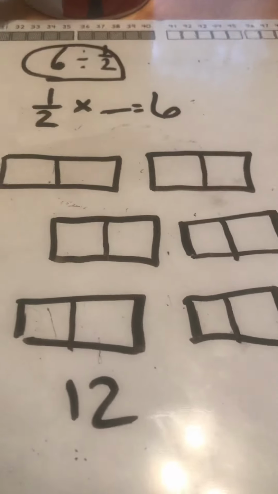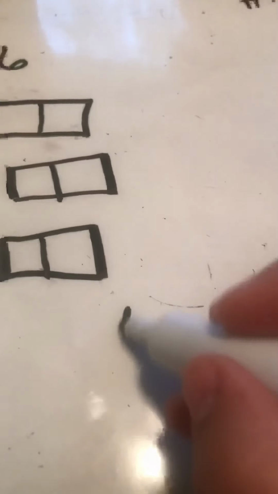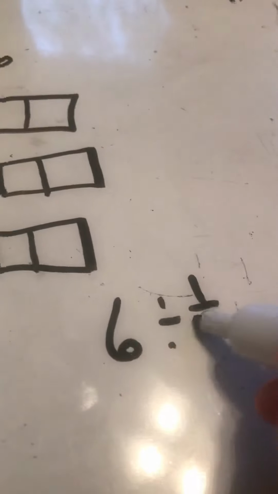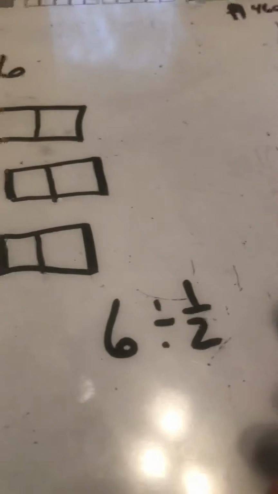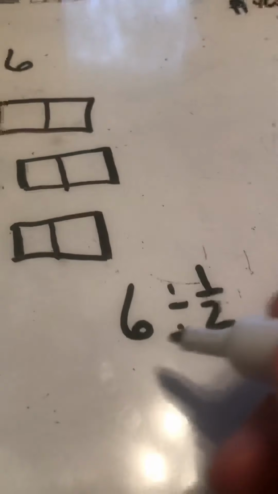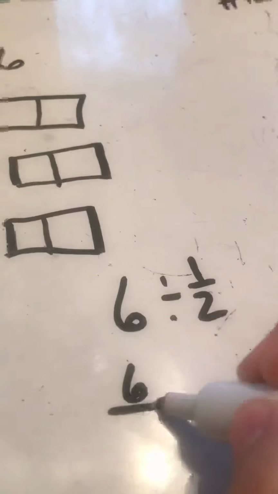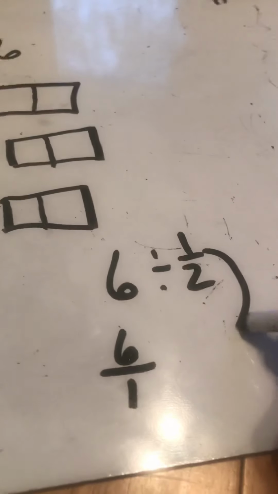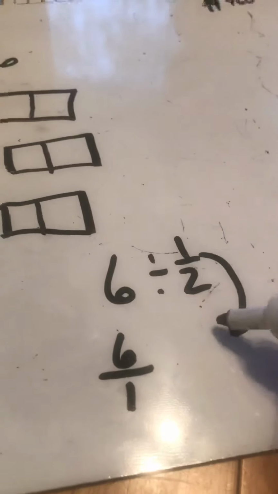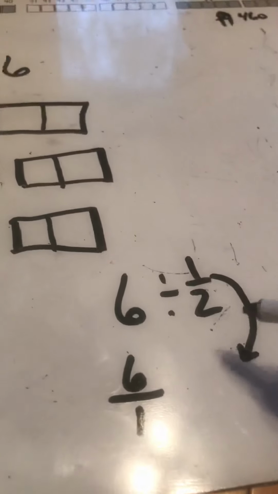And it is. Now, if we were to work this problem out, and you were one of those people who say, I don't need that, Mr. Eckridge, I'm too cool for school, just bring it on, then what I would want to do is put the 6 over 1. I'm going to bring this down, but I'm going to flip it. Can you remember what I said the name of that was?